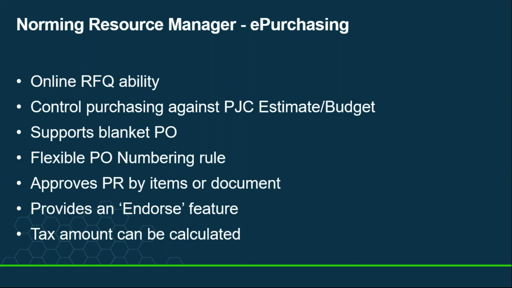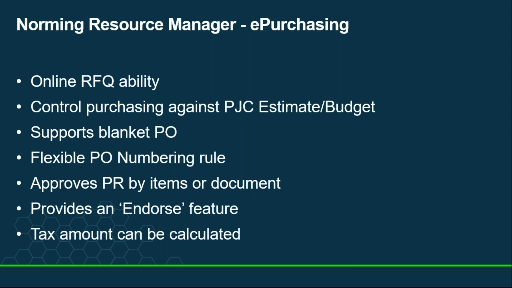And what we've added recently is request for quote capability. So as part of the purchase process, you can enforce that at least 2 quotations are part of the procurement process so that you're ensuring you're getting the best price or the best delivery terms based on what the most important criteria is. You can also control purchasing against PJC estimates and budgets, as well as GL account budgets.